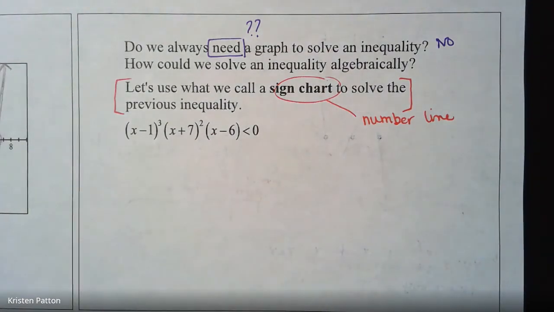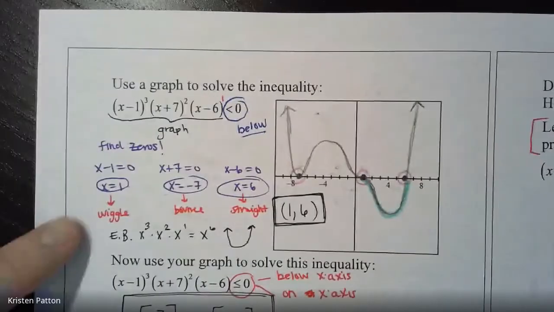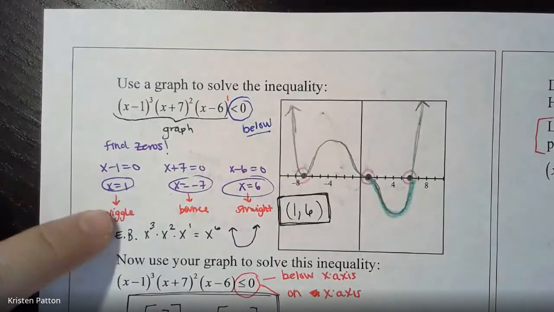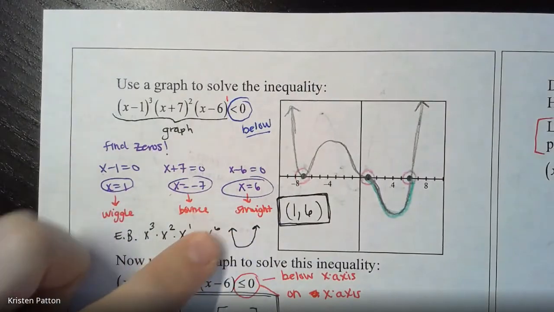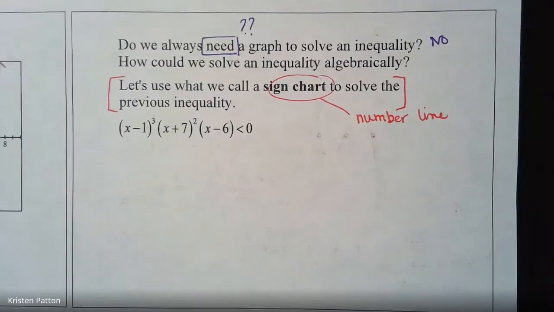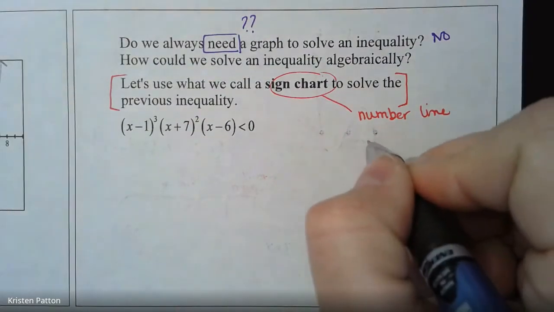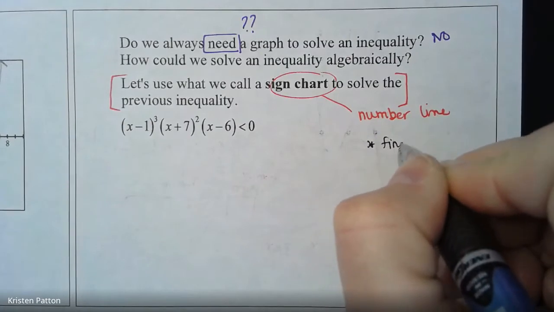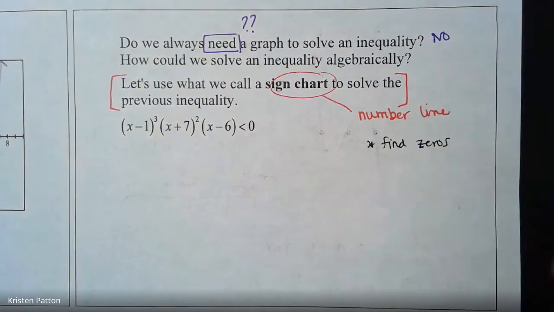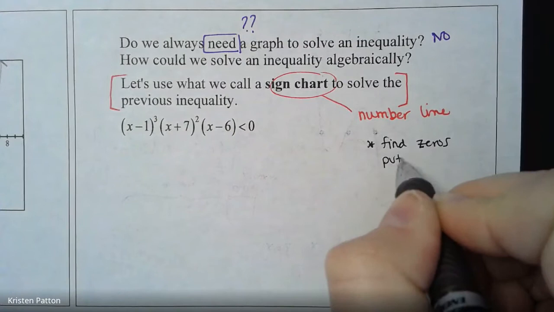But I'm going to show you how we can do it without talking about the zeros and do they wiggle, do they bounce, what's the end behavior. We're going to do this without doing any of that. But what we still need are the zeros, okay? So the first thing we're going to do is find the zeros, which we already have, and put them on a number line.